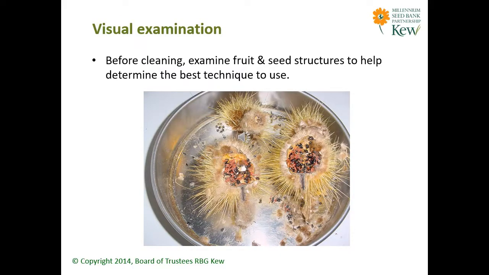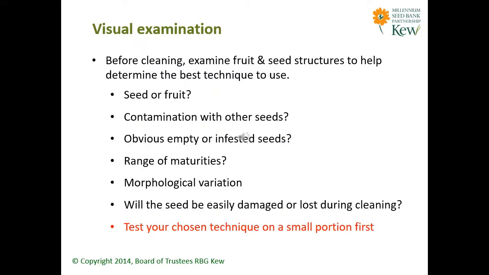So before you begin cleaning, it's important to carry out a visual examination. So examine the fruit and seed structures to help determine the best techniques for you to use. Before you begin, you need to work out, is it a seed or a fruit? Is there any contamination with any other seeds?